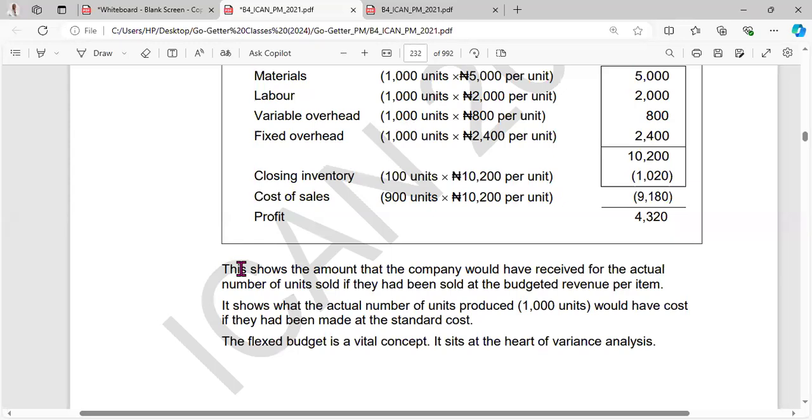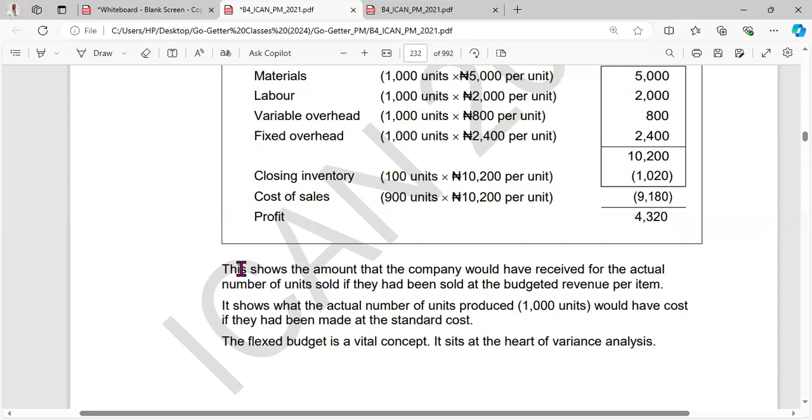So for you to understand variance analysis, you need to know this flexible budget. This flexed budget is also called flexible budget. A flexible budget is a budget that can be flexed. A fixed budget is the one that is rigid, the one made at the beginning before you start.